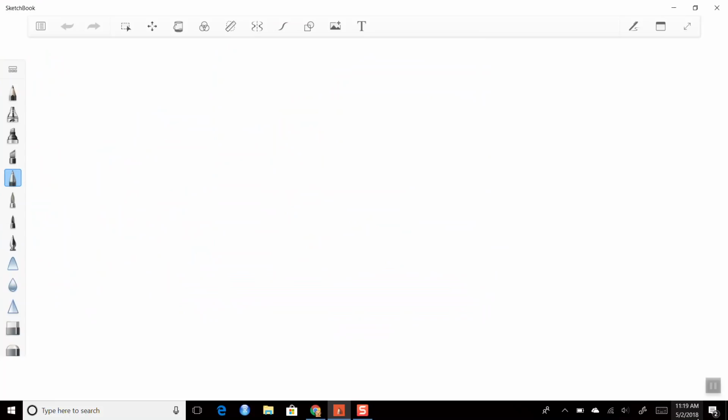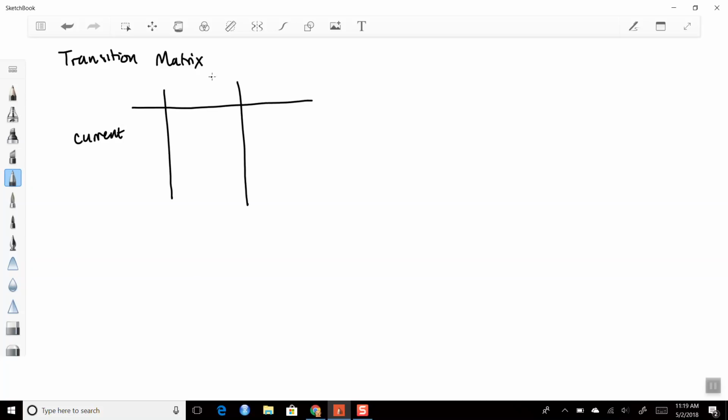Okay, and so when we have something like that, we build something called a transition matrix. The transition matrix represents your current states and the next state.